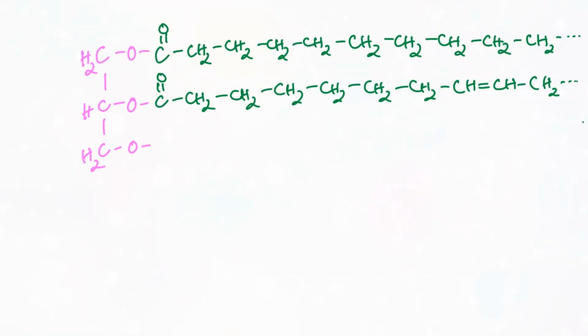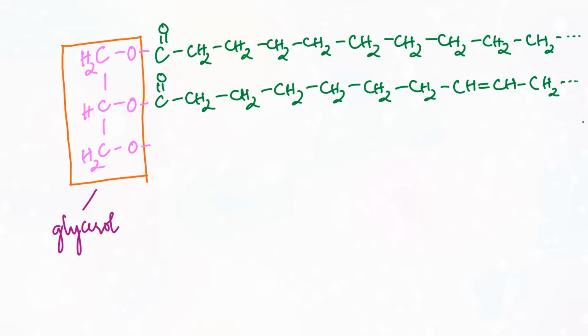So to answer this, let's first of all take a look at a phosphoglyceride molecule. So this is your molecule with glycerol here and you have two fatty acids that are esterified to the glycerol molecule, and as you can see, they need not be saturated or unsaturated. You can have a saturated fatty acid, as you can see in fatty acid 1, and an unsaturated fatty acid.